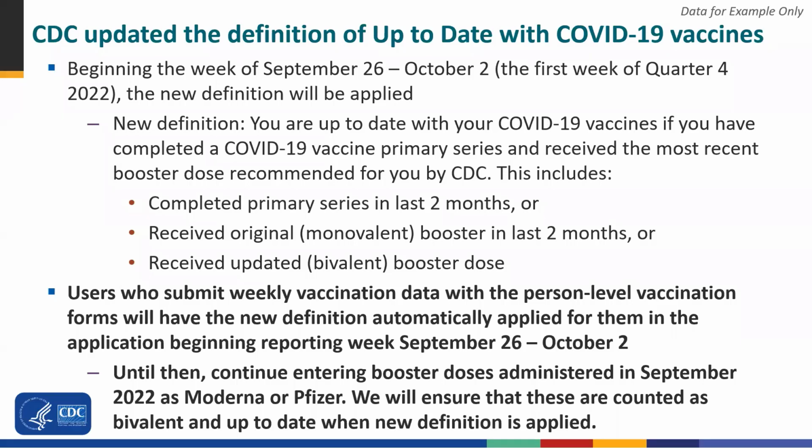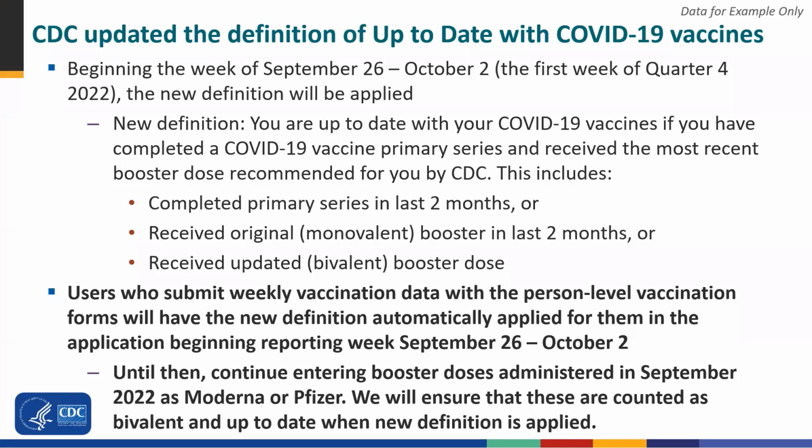But in terms of the person level vaccination data, we understand that all boosters that are administered beginning in September are almost certainly the bivalent updated boosters. So therefore, when we apply the code to determine who is up to date according to the new definition, we will be assuming that booster doses administered during September were actually the updated bivalent boosters rather than the original Moderna or Pfizer.